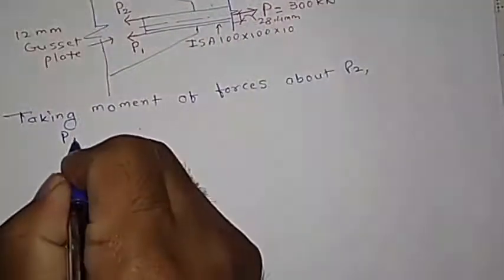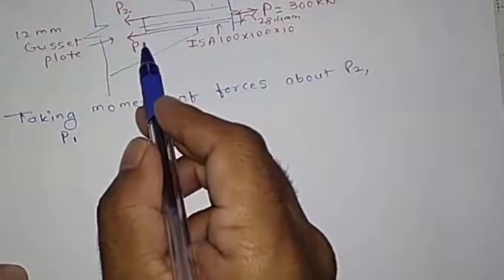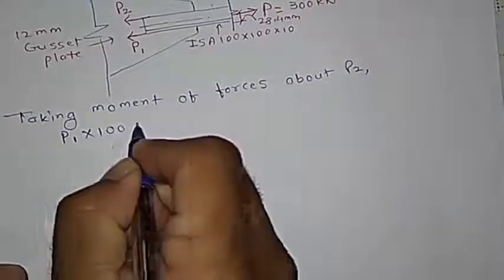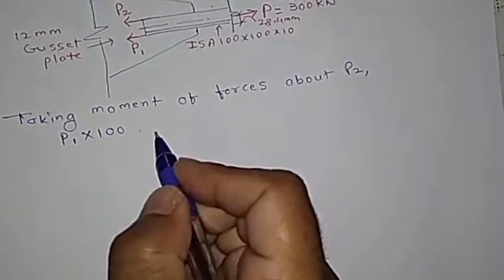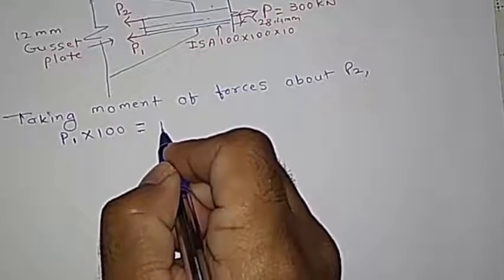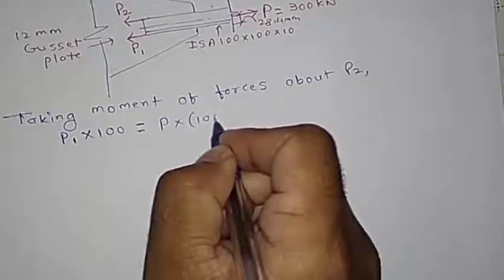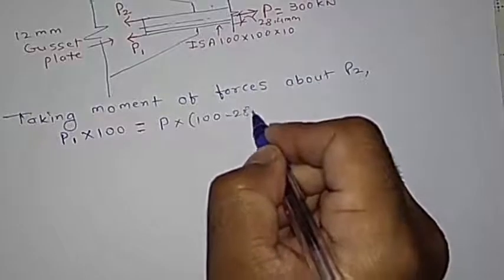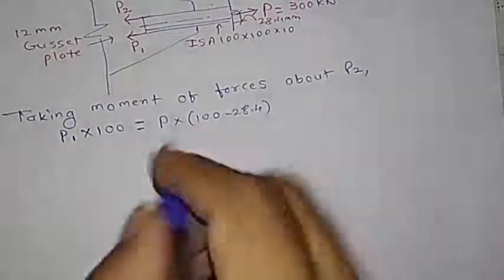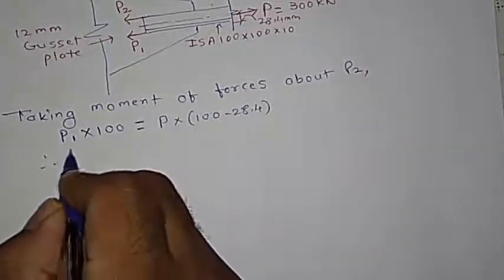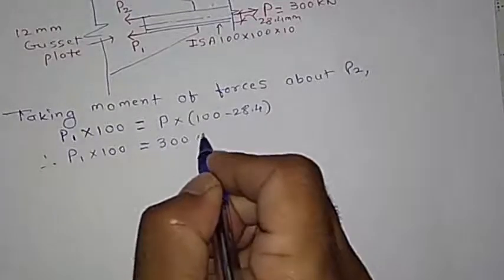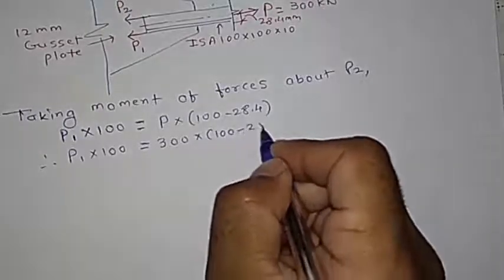Since this is a total 100 mm section, P1 multiplied by 100 would be here, and let's say total P would be multiplied by 100 as the total minus 28.4. So this is this distance, and therefore we will get P1 multiplied by 100 equals P, which is already given, that is 300, multiplied by 100 minus 28.4.